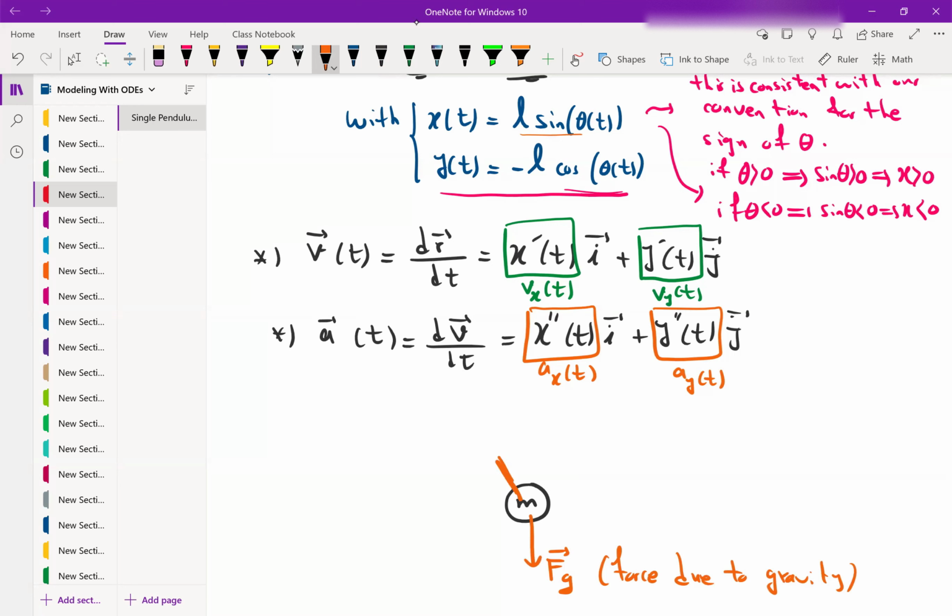It will be in the direction of the rod. We don't know its value at this point, but it is exerting a force to this point mass. So this is in the direction of the rod. I'm going to call this tension force F subscript T, force due to the tension in the rod.